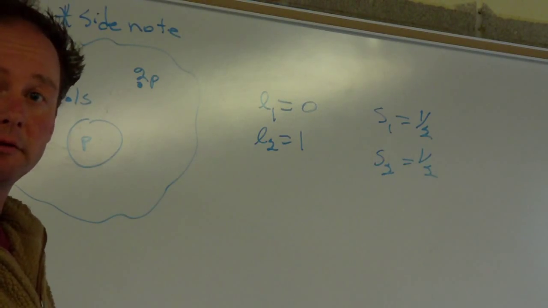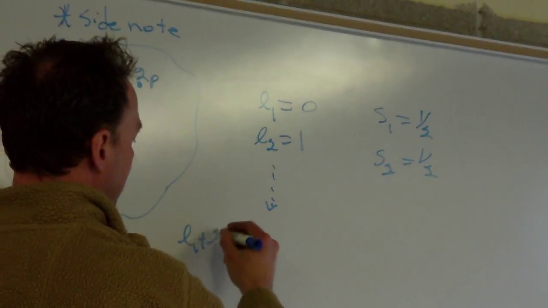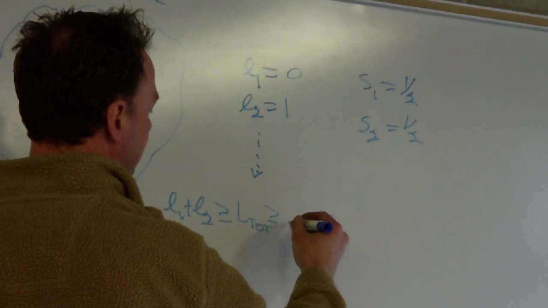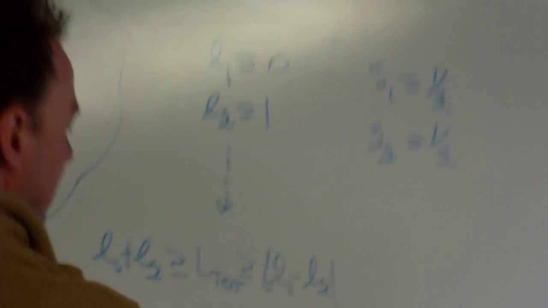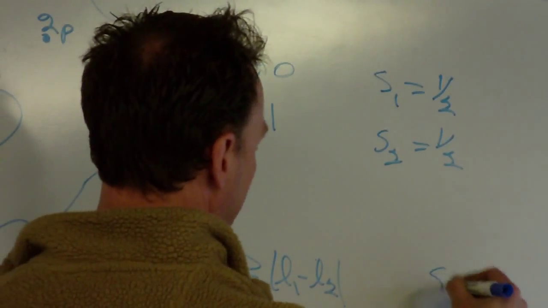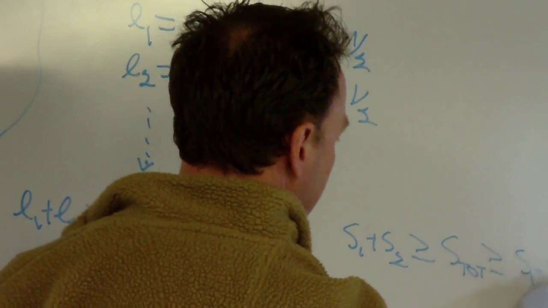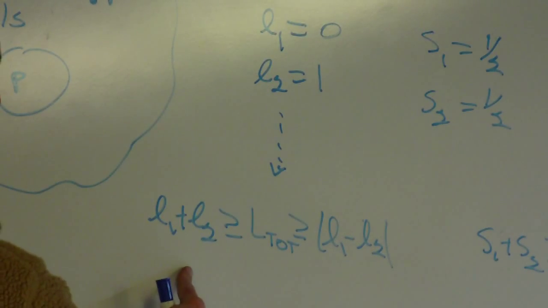So I would write L1 plus L2 is greater than or equal to L total, which is greater than or equal to the absolute value of L1 minus L2. And over here, I would couple the spins: S1 plus S2 is greater than or equal to S total, which is greater than or equal to S1 minus S2. So what are the values of L that I can have?